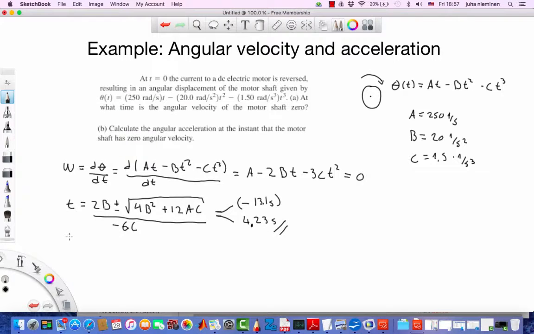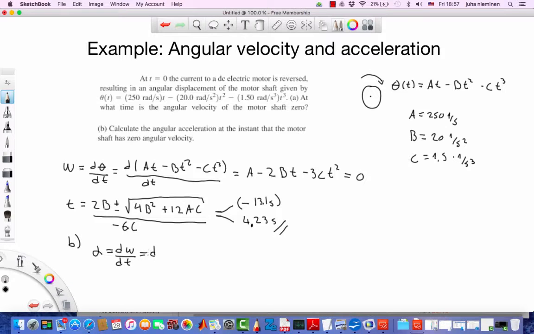In part B, we want to know what is the angular acceleration at this very instant, at 4.23 seconds. So first of all, we have to find an expression for the angular acceleration, and that is just the time derivative of angular velocity.